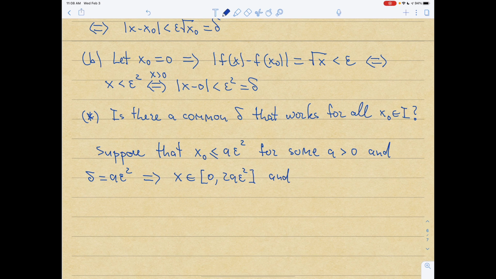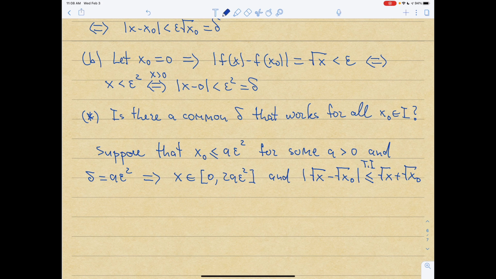And if I compute radical of x minus radical of x0, in this case I'm not going to rely on the fact that the difference between two numbers is small, but I'm just going to rely on the fact that both numbers themselves are small. And so then by triangle inequality, we have that this difference actually must be smaller than square root of x plus square root of x0.